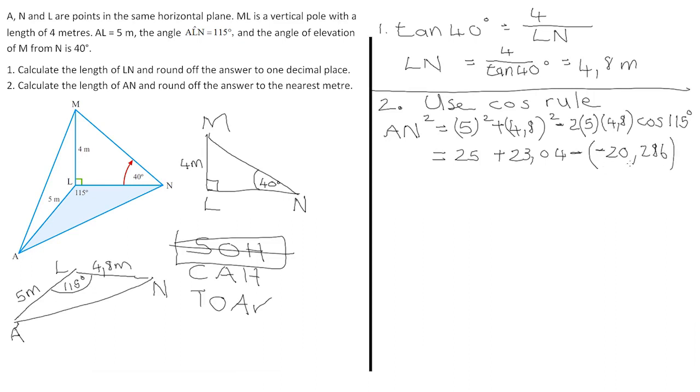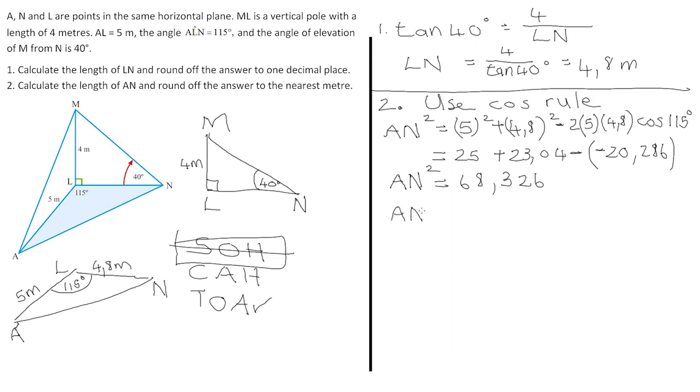20.286. Why do you get a minus there? Because cos of 115 is negative in quadrant number 2. And AN squared, therefore, will be equal to 68.326. Now we can find the value of AN.